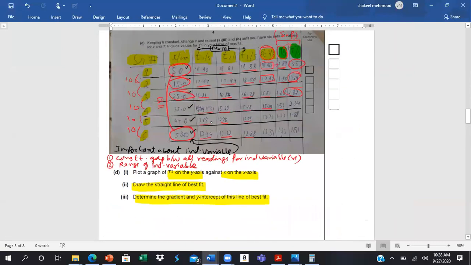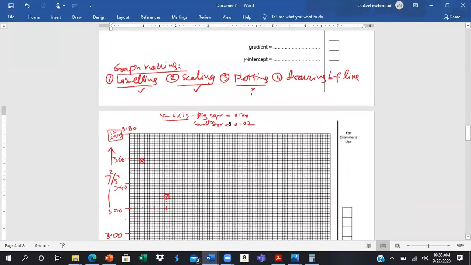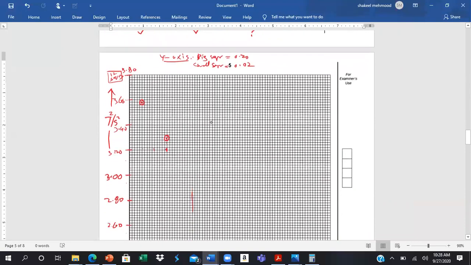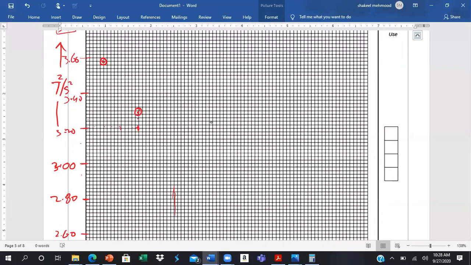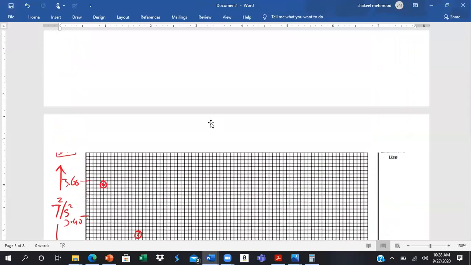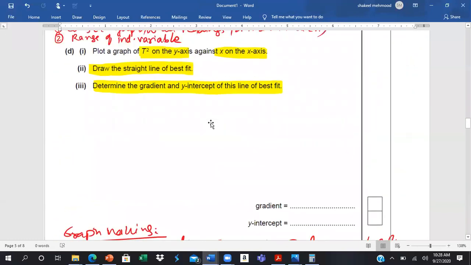I forgot what was the value, 2.82. Okay, 2.82 beta, it's somewhere over here. This is the dot and this is the circle.